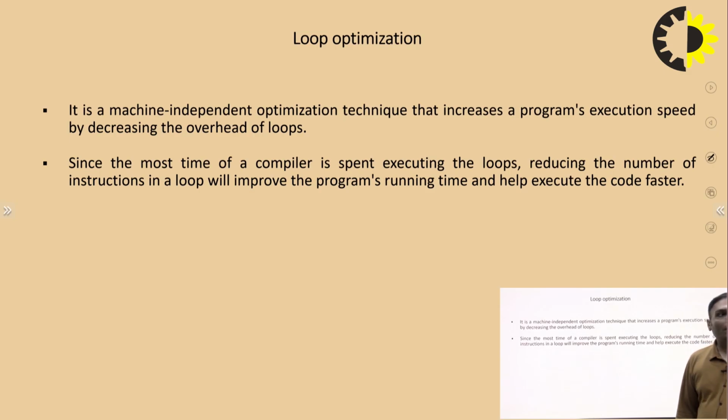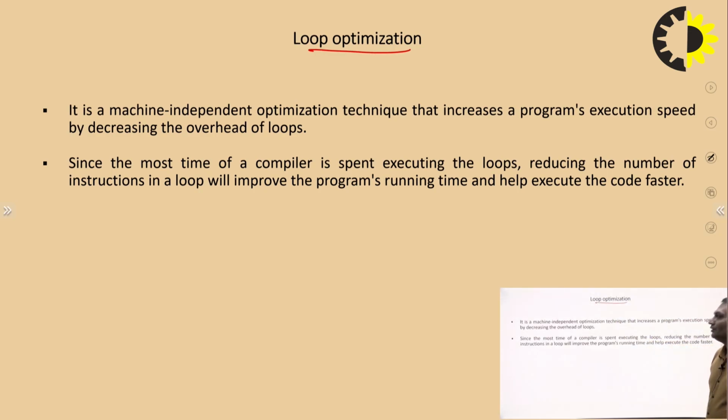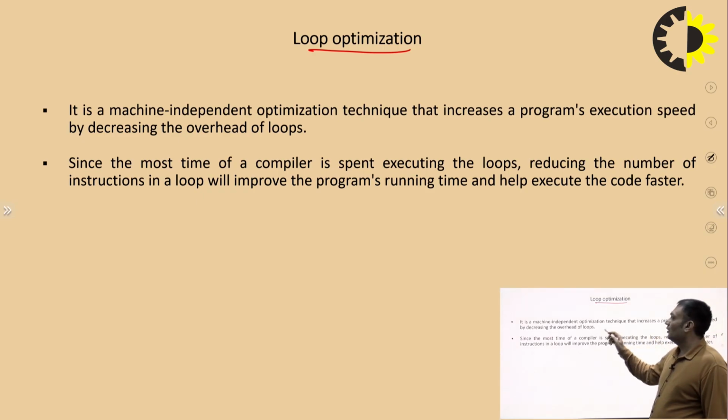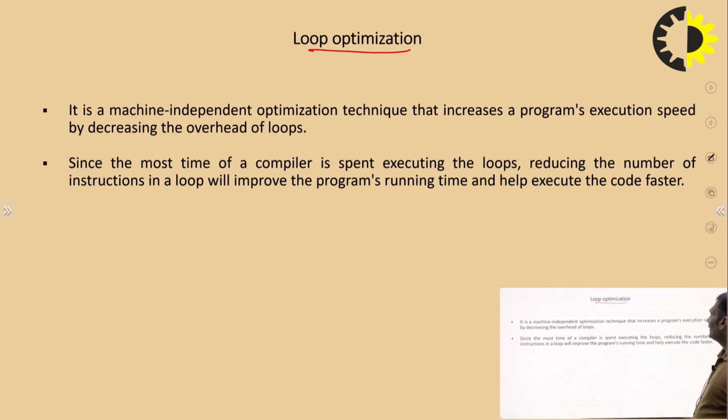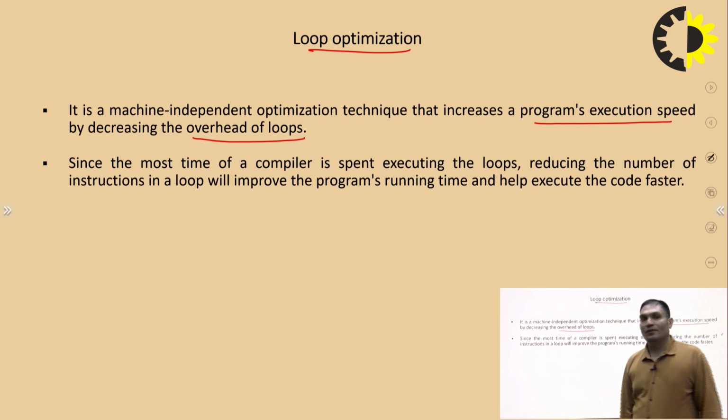Another type of machine independent optimization is loop optimization. Here we are changing something inside the program that is written inside the loop. This machine independent optimization technique increases the program execution speed by decreasing the overhead of the loop.